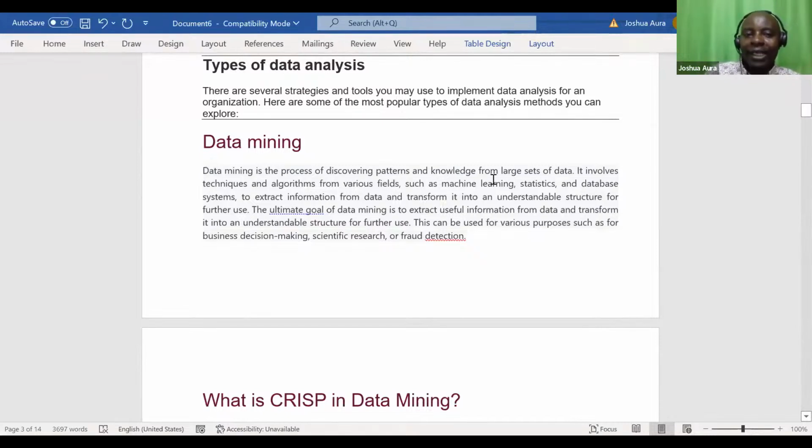It involves techniques and algorithms from various fields, such as machine learning, statistics, and database systems to extract information from data and transform it into an understandable structure for further use. The ultimate goal of data mining is to extract useful information from data and transform it into an understandable structure for further use. This can be used for various purposes, such as for business decision-making, scientific research, or fraud detection.